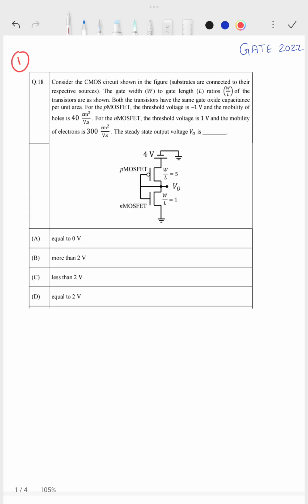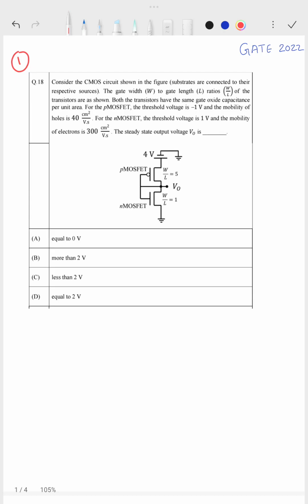The question is, consider the CMOS circuit shown in the figure. The substrates are connected to their respective sources. The gate width to gate length ratio, W by L, of the transistors are as shown. Both the transistors have the same gate oxide capacitance per unit area.